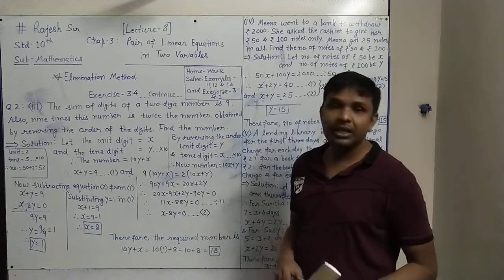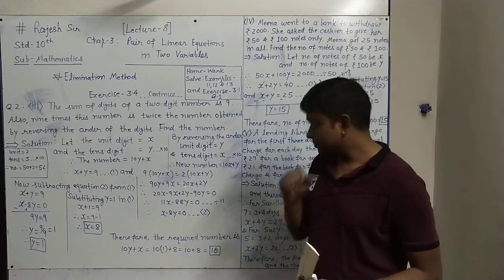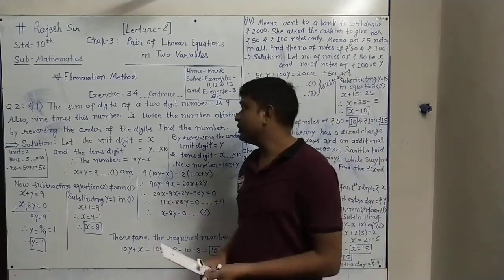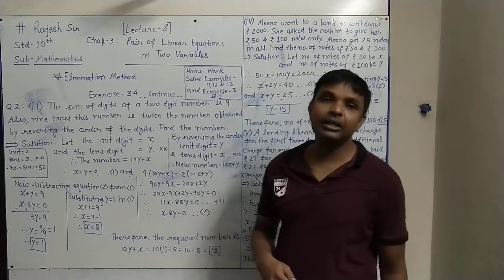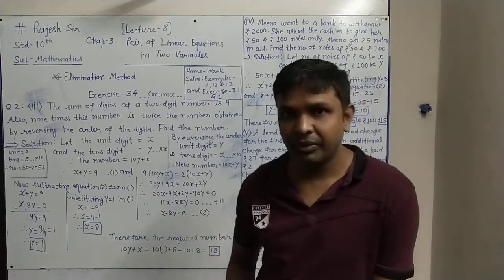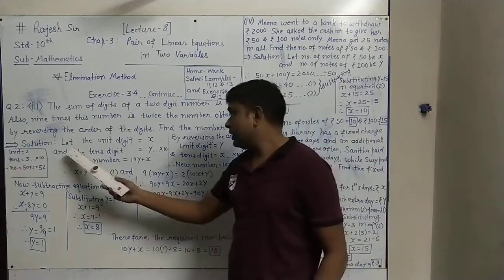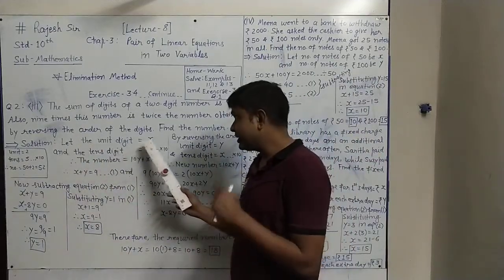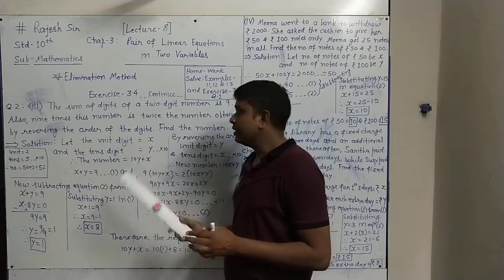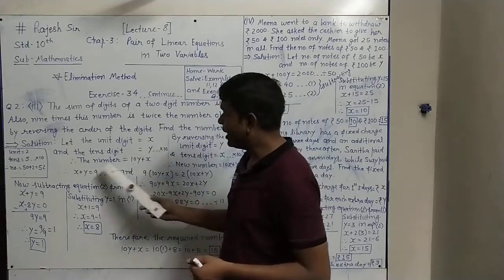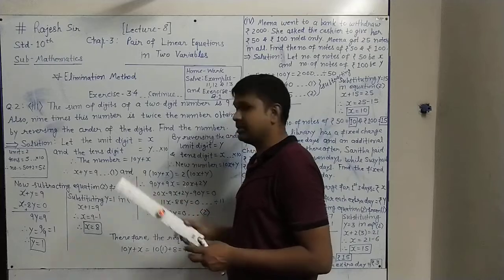So two conditions are given about the 2-digit number. You know that in a 2-digit number, one digit is in the unit place and the second digit is in the tens place. So let, in the solution, the unit digit be x and the tens digit be y. If the unit digit is x and the tens digit is y, the number will be 10y plus x.